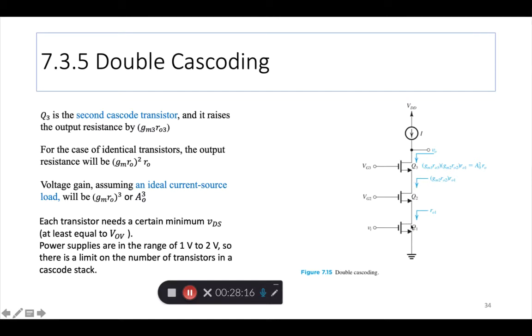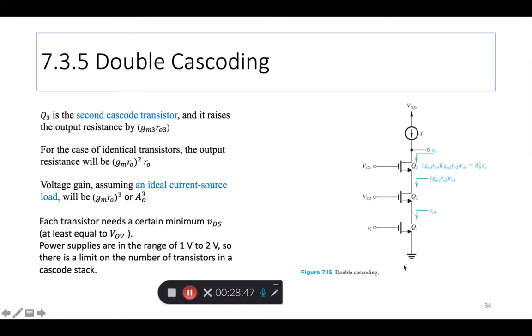Okay, and they're all of the same NMOS type that I should point out, because the gain cell is NMOS. So its two friends, the two cascoding transistors, are Q2, Q3. Q3 is the second cascode transistor because Q2 is the first. So Q3 raises the output resistance by an additional factor, gm3 RO3.